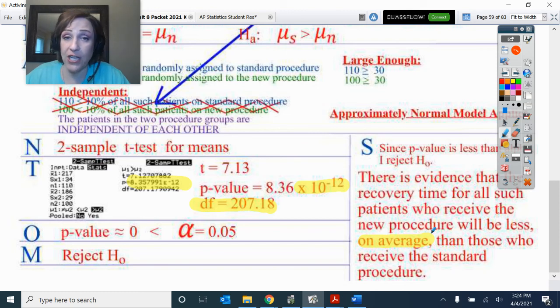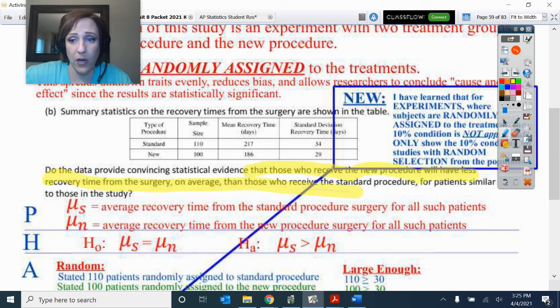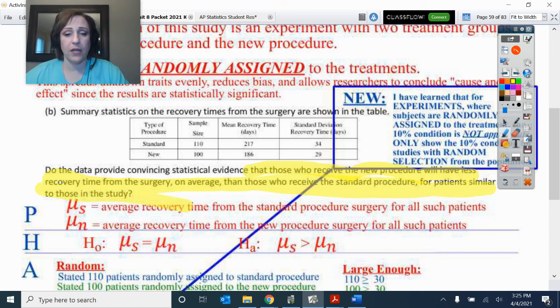But that on average has to be there because that's an overall average, not individual amounts, than those who receive the standard procedure. What I actually did here is I worded it just like they had here. Is this statistical evidence that those who receive, see, I just used this exact wording when I did my conclusion. Okay, so there you go.